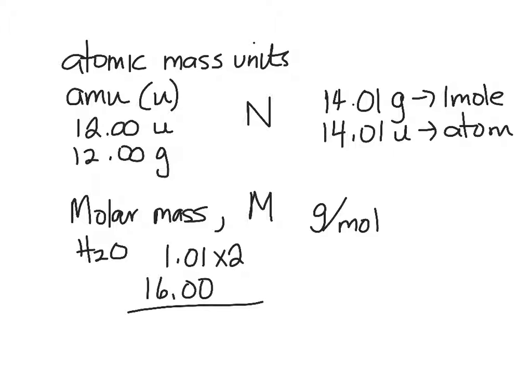So the molar mass of 1 mole of water molecules is 18.02 grams per mole. All of your molar masses on your periodic table are reporting to 2 decimal places. So every molar mass for your compound should have 2 decimal places.